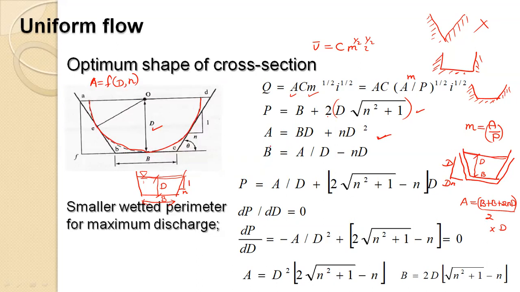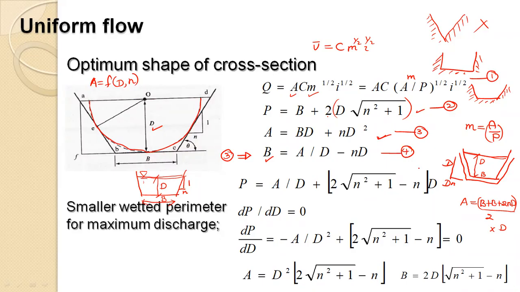By rearranging this one, now I can get an expression for B. B will be A divided by D minus nd. So I got B from this particular expression. I'll call this one equation number 1, this one equation number 2, and this one equation number 3. And from 3, you get this one, equation number 4.